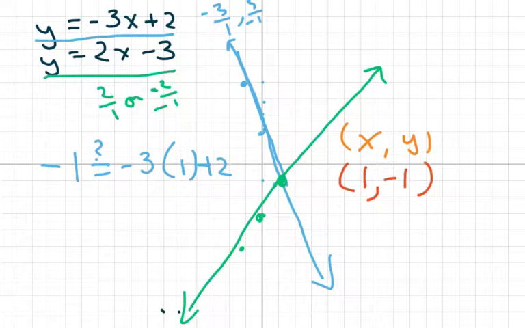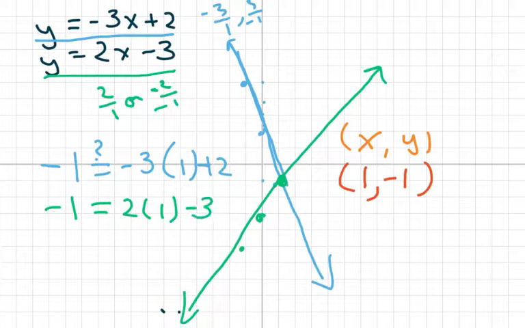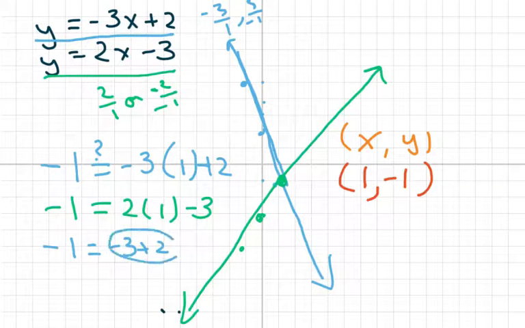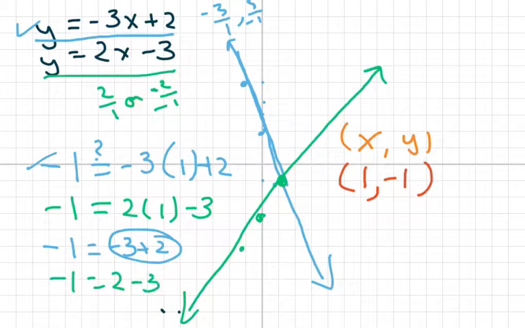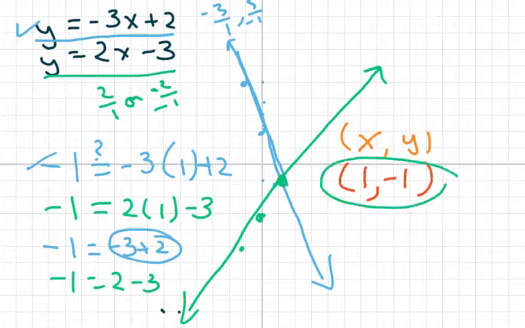And for the second one, does -1 equal 2 times 1 minus 3? So the first one, we get -1 equals -3 plus 2. And yes, this does equal -1. So that checks. It works. And the second one, we get -1 equals 2 minus 3. So that works. And that's our solution.